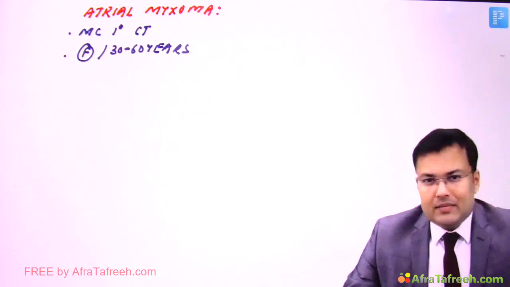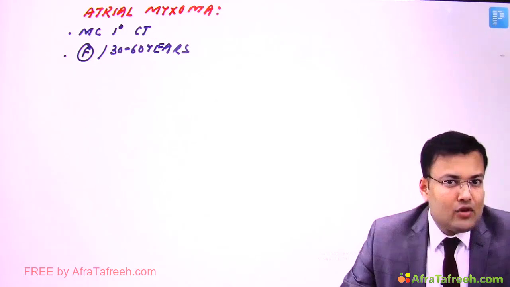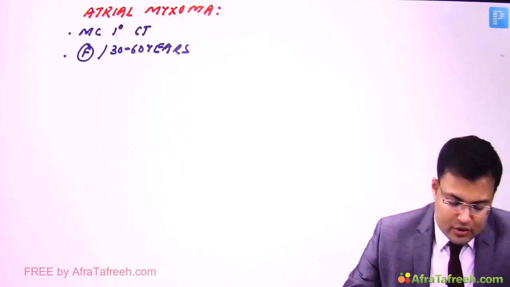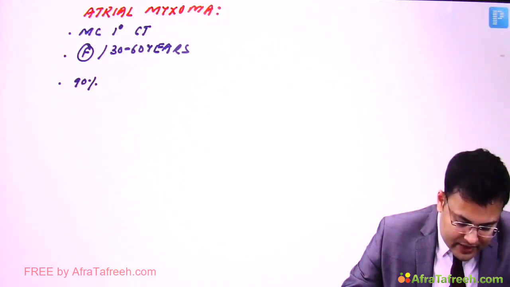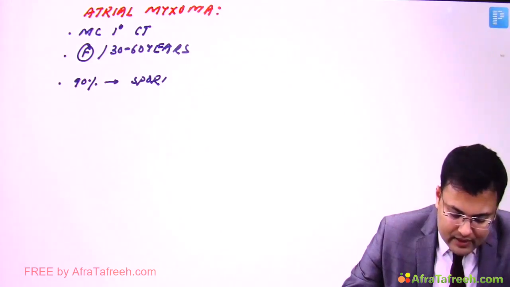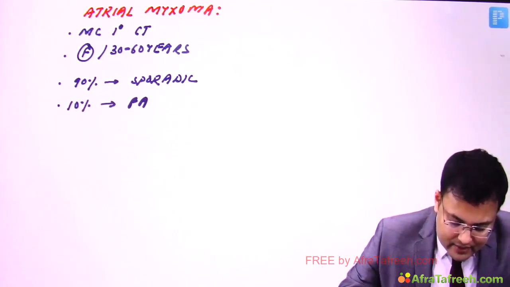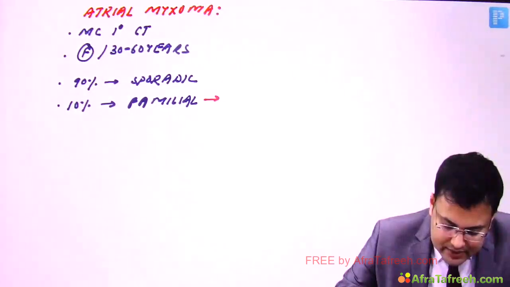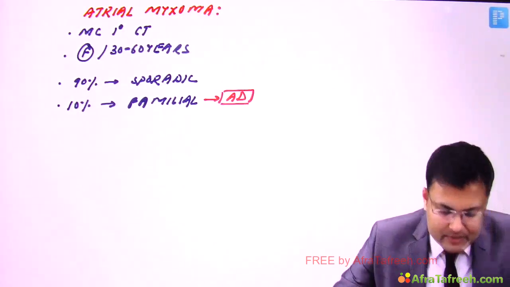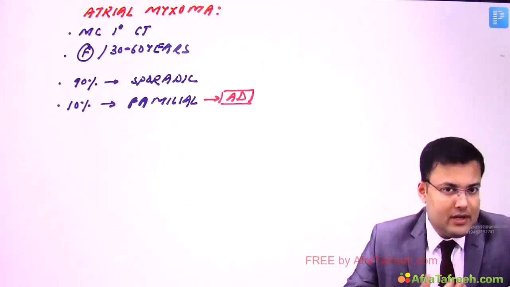Now see, in 90% cases it is sporadic, and in 10% cases it is familial. And in familial cases, there is autosomal dominant transmission. We already discussed the most common site: atrium, left atrium.